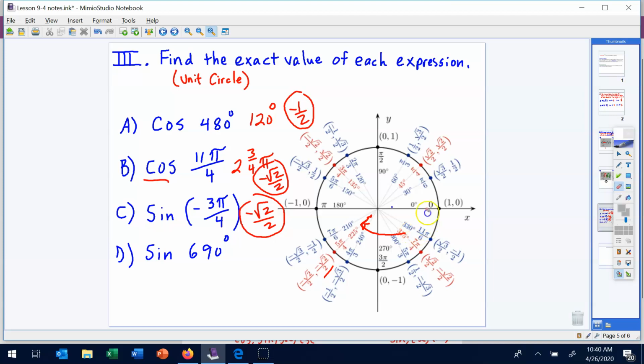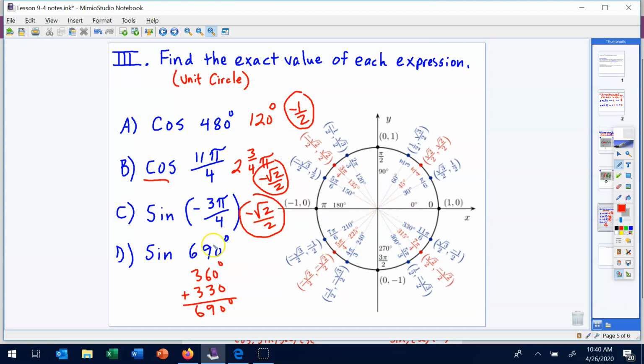All right, and finally, sine 690 degrees. Let's think about what would be coterminal to 690. Well, that's 360 all the way around once, plus another 330, is 690.